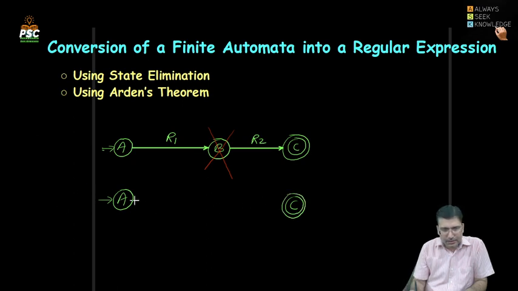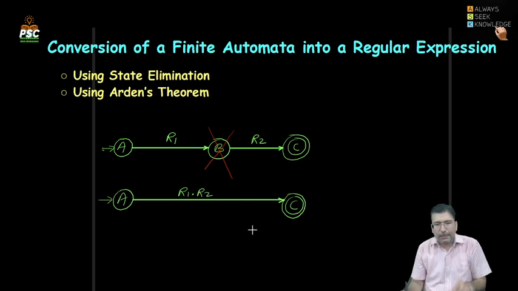There's no change in that. Because B has been eliminated, this transition will be R1 concatenated with R2, because there was only a single path from A to B. So in case we eliminate like this, it will look like this.